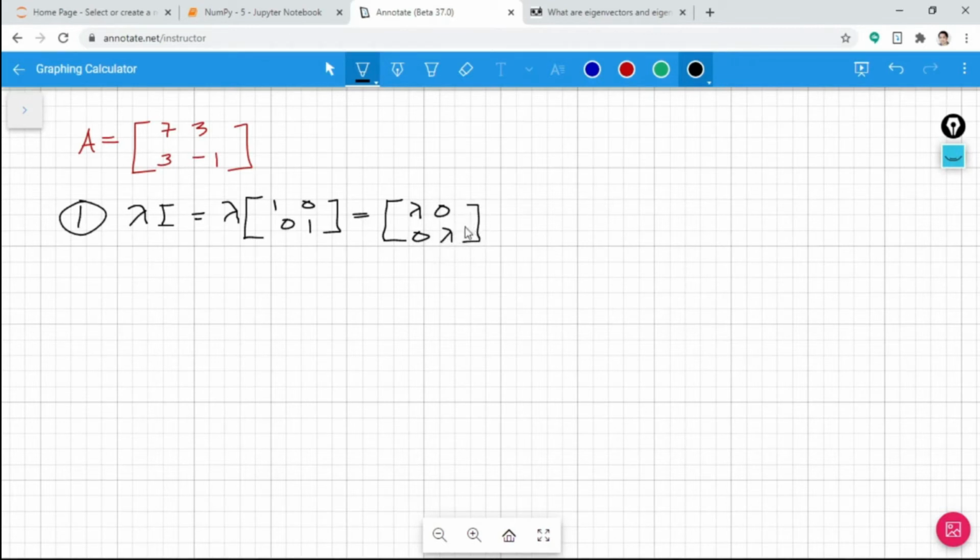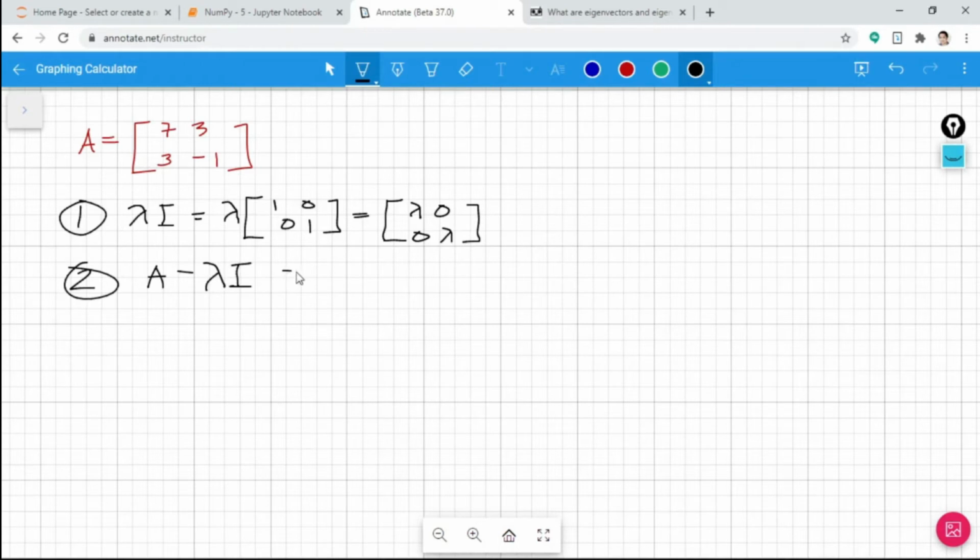So we will solve for this one. So the next step, this is a given matrix. So this one B is the lambda of the identity. So you subtract the lambda of the identity matrix from the matrix.